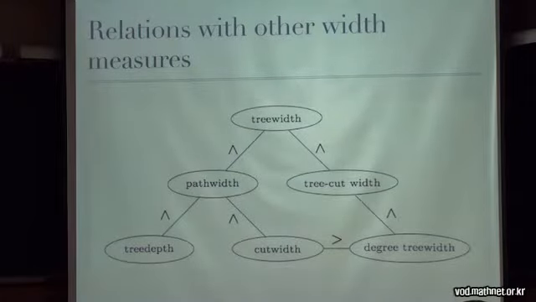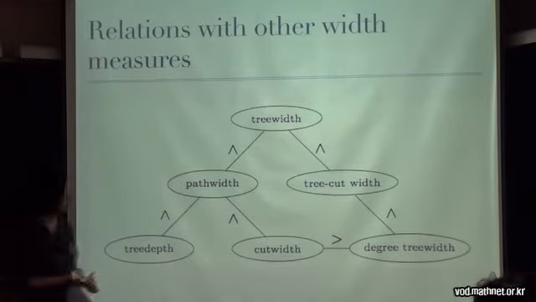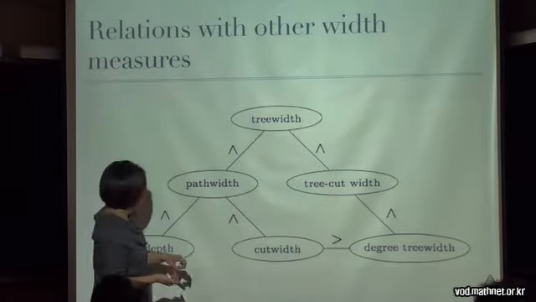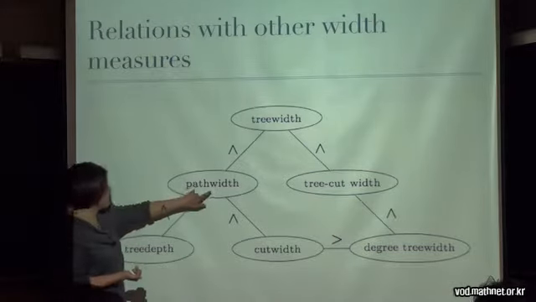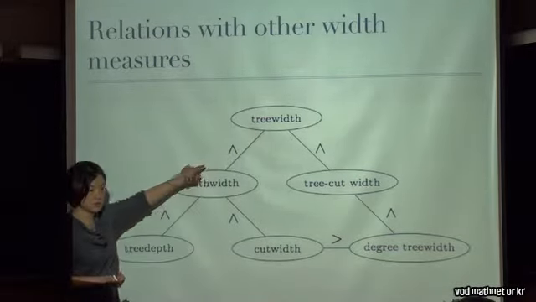So this is a relation diagram with measures of graphs. On top you have tree width. Okay, so we know that if path width is small, then tree width is small, right?